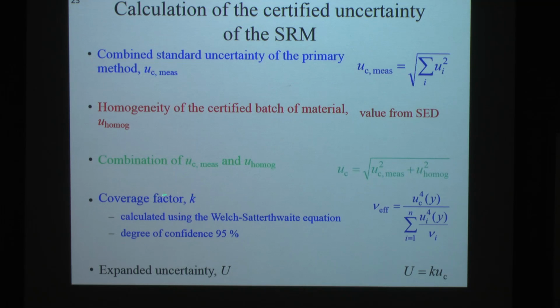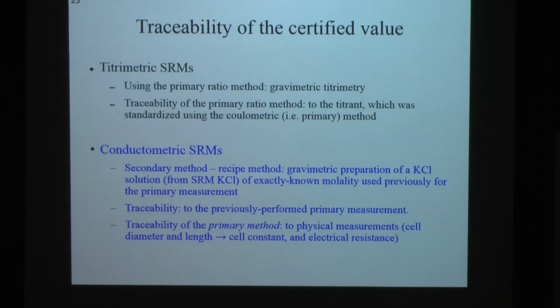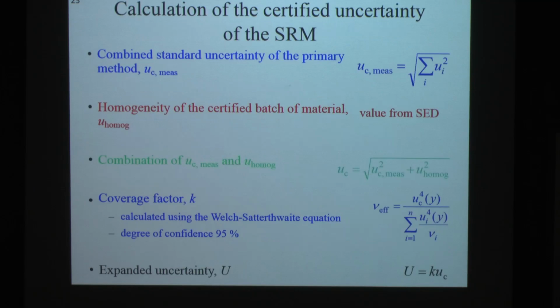Then you have to calculate what we call the coverage factor. This behaves statistically like a standard deviation. So one standard deviation covers about 68.3% of what you'd expect. If you want to get 95%, then you multiply it by what we call a coverage factor. The value of the coverage factor is determined by the degrees of freedom.